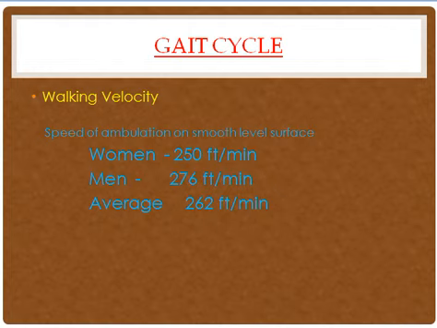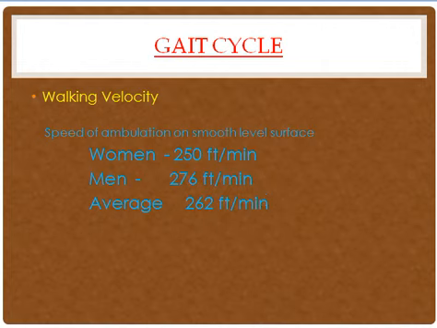Women tend to walk with shorter and faster steps than men at the same velocity. So women, you can see, have a lower walking velocity as compared to men. But an average walking velocity could be 262 feet per minute, and cadence increases with velocity as well.